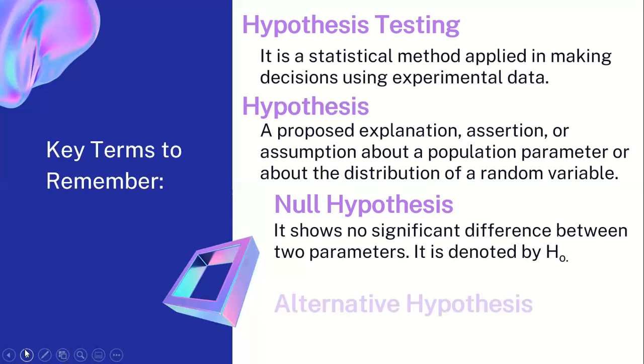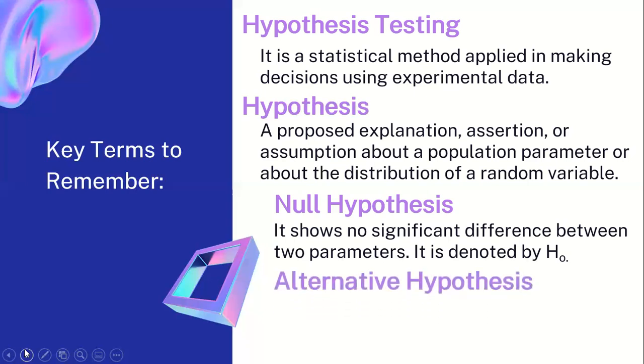And so the alternative hypothesis is just actually the opposite of the null hypothesis. If a null hypothesis shows no significant difference, this alternative hypothesis shows significant difference or differences.